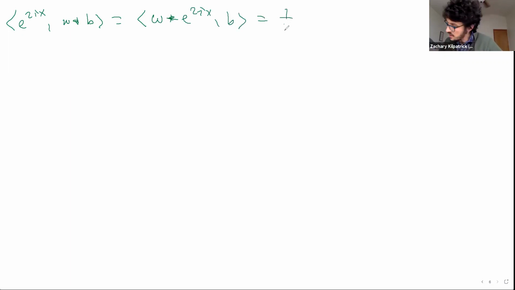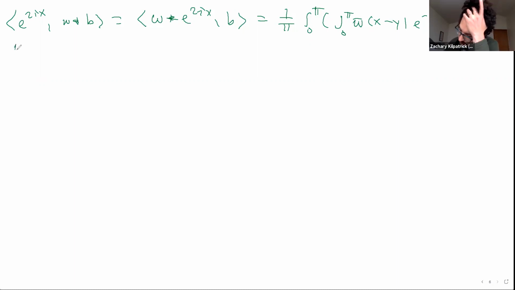Which we can write as 1 over pi, integral from 0 to pi, integral from 0 to pi, w x minus y, e to the minus 2iy, dy, b of x, dx, okay?